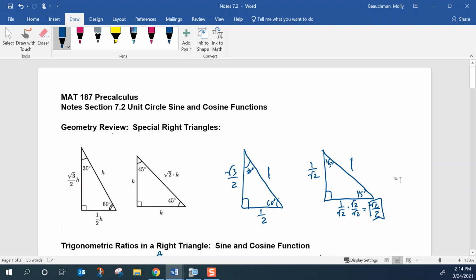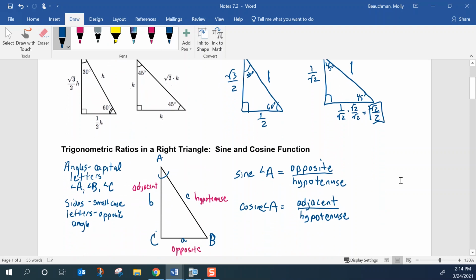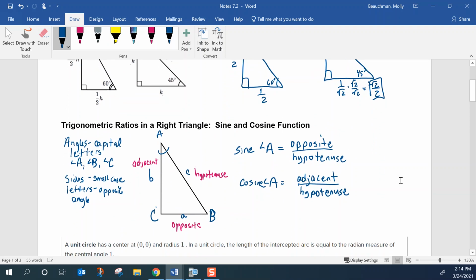The second idea has to do with right triangles as well. They're trigonometric ratios. So in a right triangle, this triangle ABC, the three angles are denoted by capital letters, angle A, angle B, angle C. And if we look at angle A as our angle of reference, the sides are the small case letters.